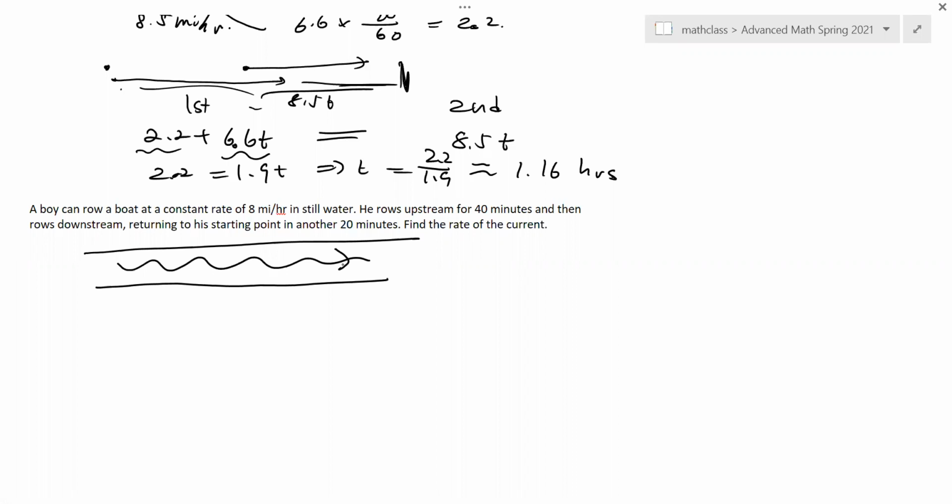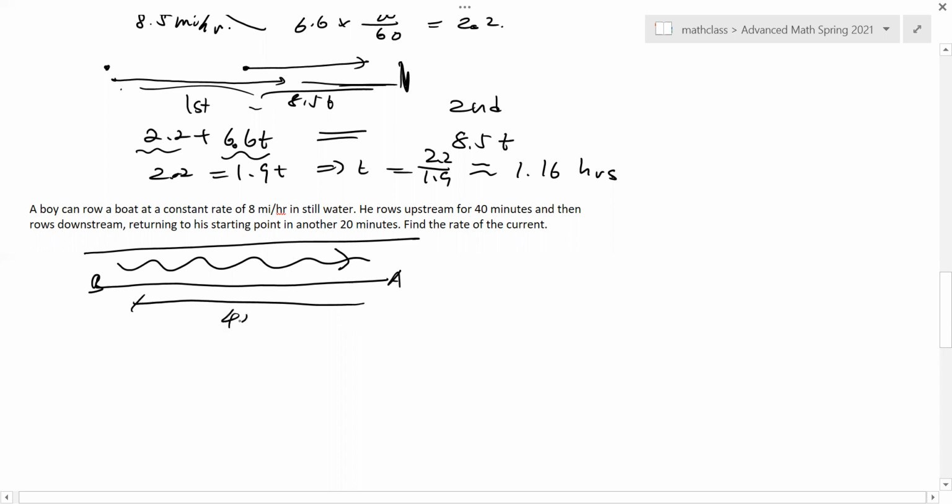And then he rows upstream for 40 minutes and rows downstream, returning to his starting point, for 20 minutes. So going that way, it takes him 40 minutes, and making a U-turn takes him 20 minutes.